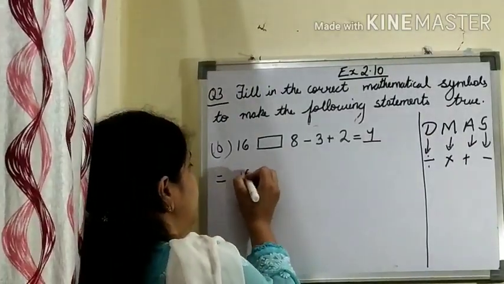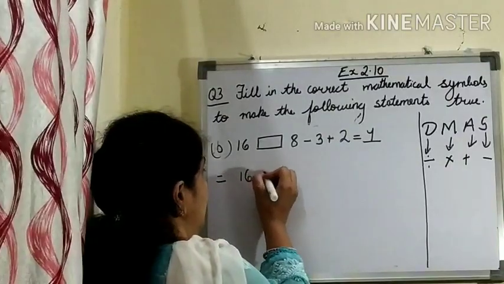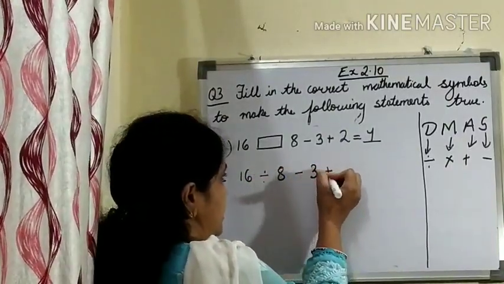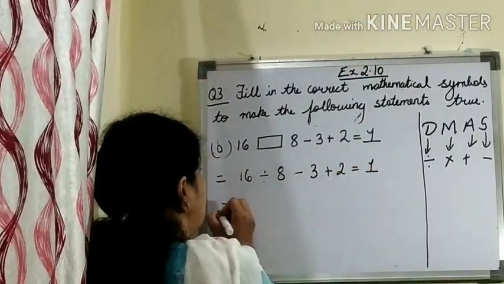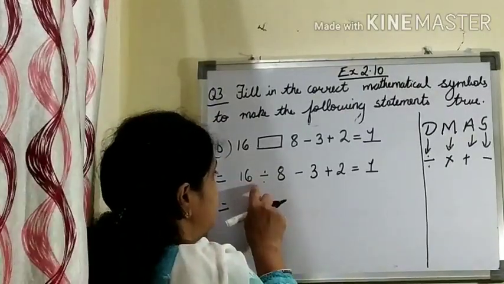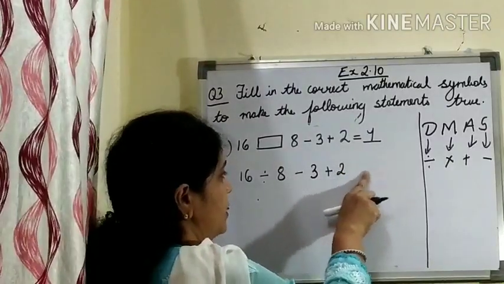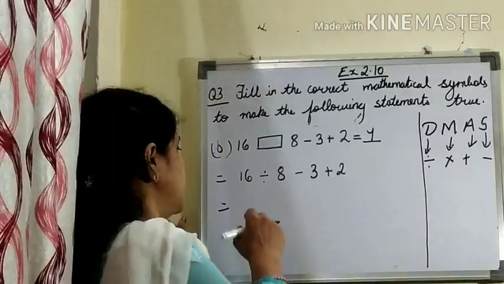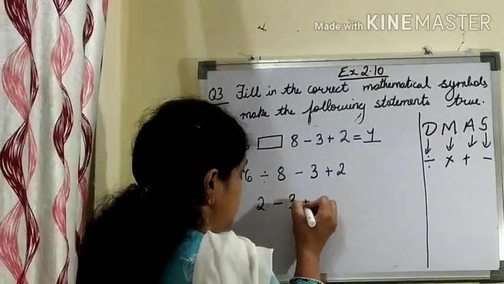First let us try division: 16 divided by 8 minus 3 plus 2 is equal to 1. With division, subtraction and addition, we first perform division. 16 divided by 8 is 2, so 2 minus 3 plus 2.